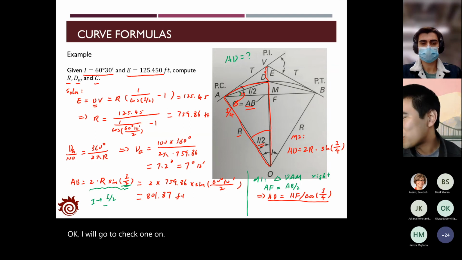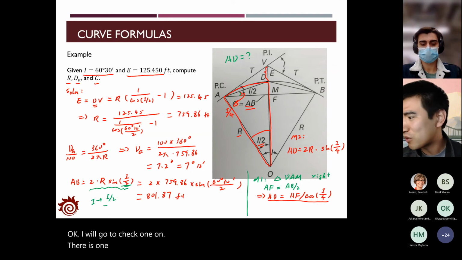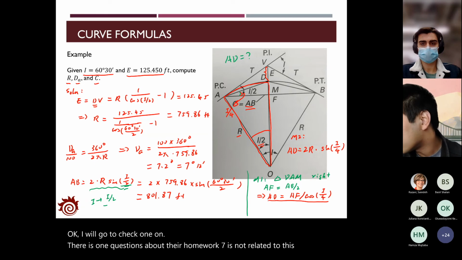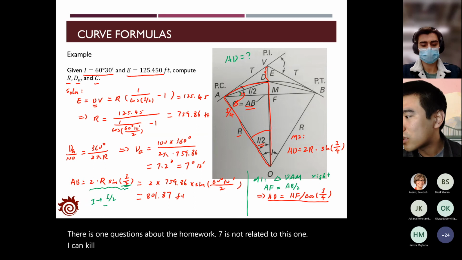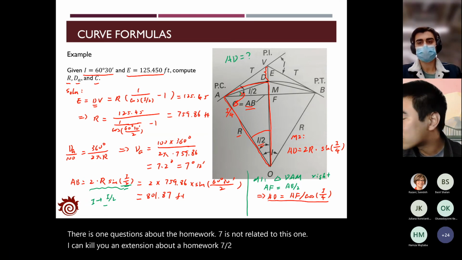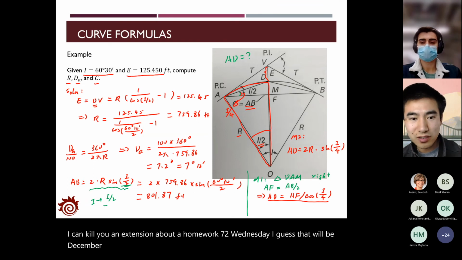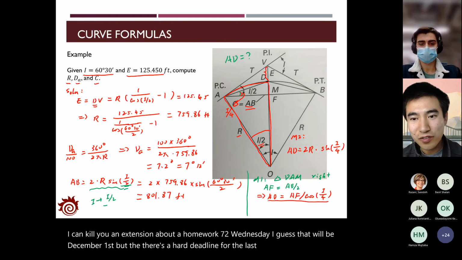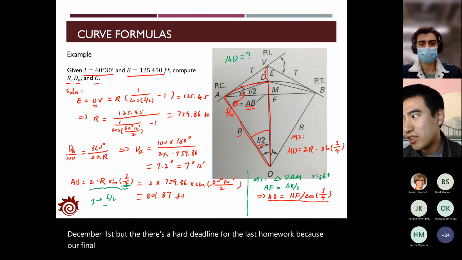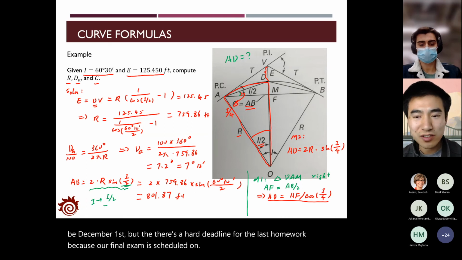There is one question about homework 7. It's not related to this lecture. I can give you an extension on homework 7 to Wednesday, which I guess will be December 1st. But there's a hard deadline for the last homework because our final exam is scheduled on December 11th.